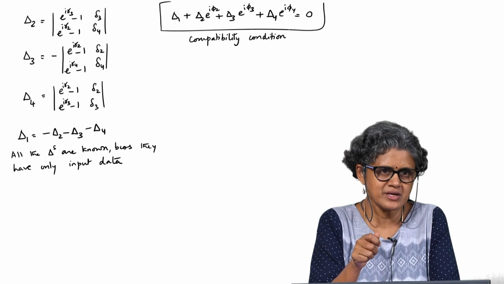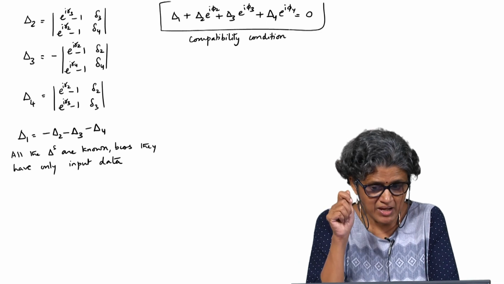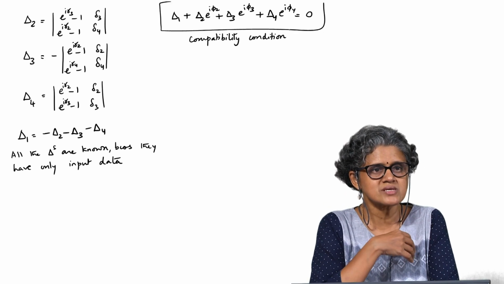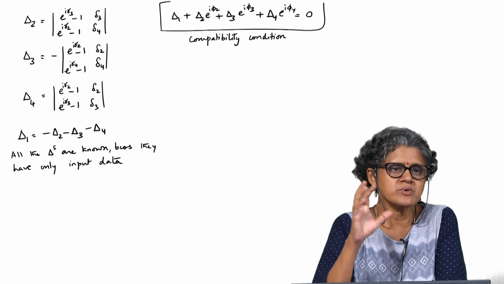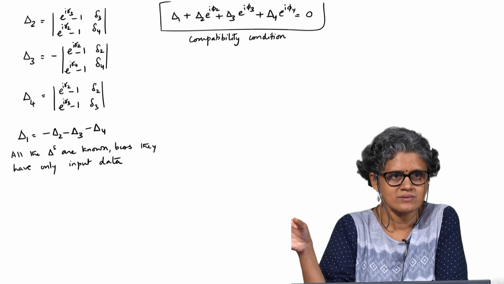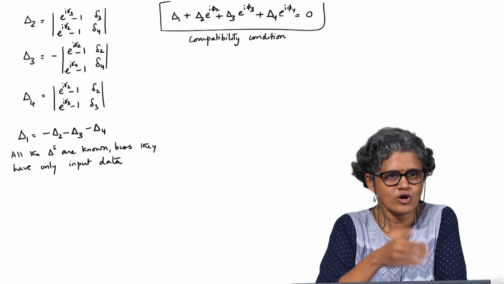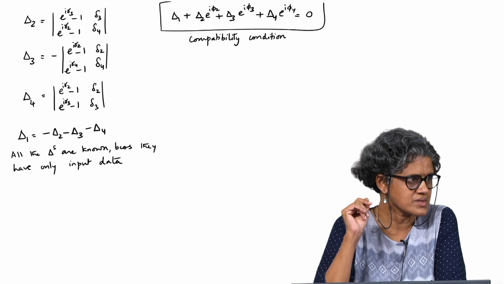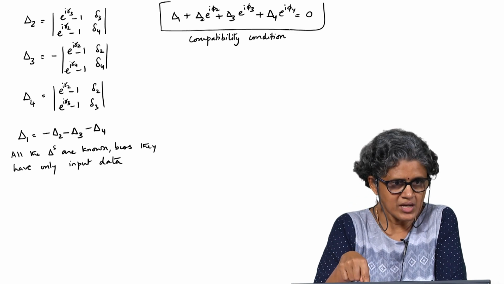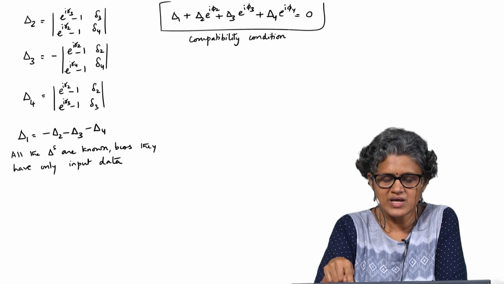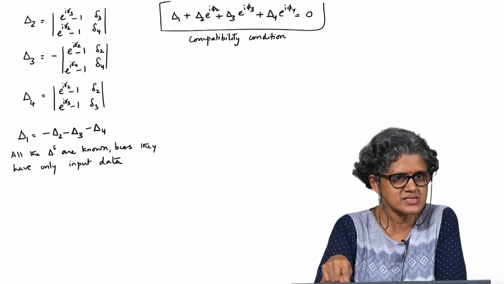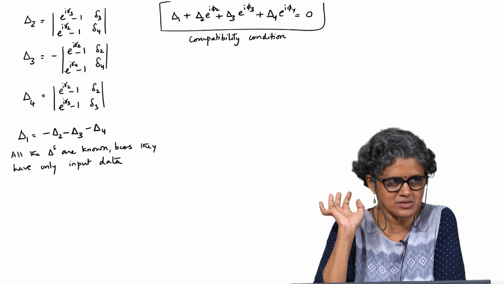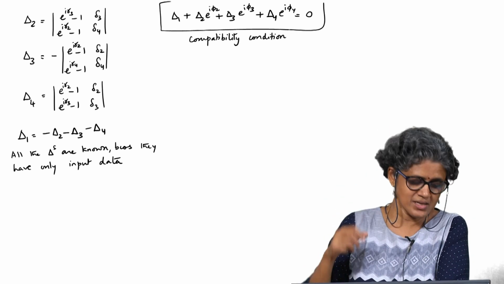I can choose my phi 2 and then my phi 3 and phi 4 get determined by this condition. So, I cannot use any random group of phi 2, phi 3, phi 4 for my solutions, right. For a particular phi 2, phi 3 and phi 4 should satisfy this condition in order for me to have a solution for Z1 and Z2. That is what this essentially tells me.